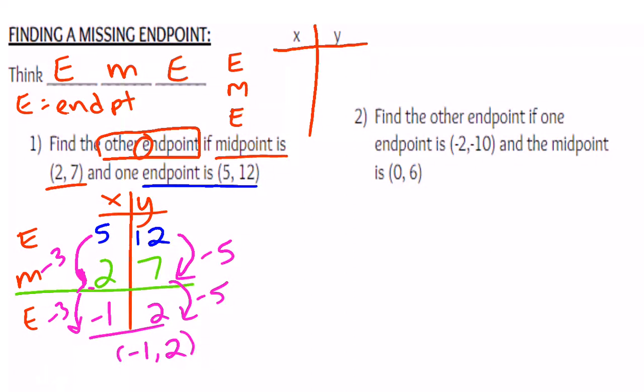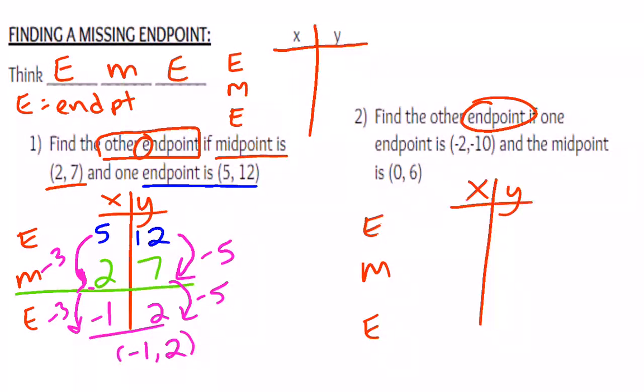Number 2 says find the other endpoint if one endpoint is blah, blah, blah. Since it says find an endpoint, we set it up E, M, E. Put your table. It tells me the endpoint is (-2, -10). So go ahead and put that in the table. The midpoint is (0, 6).